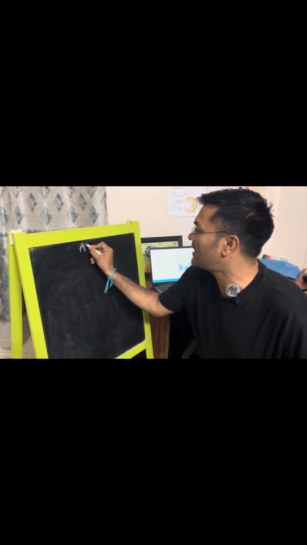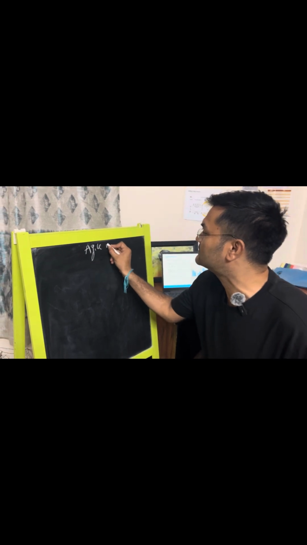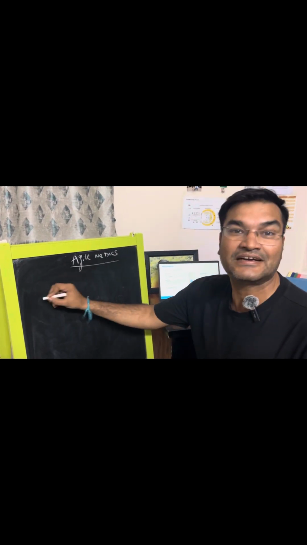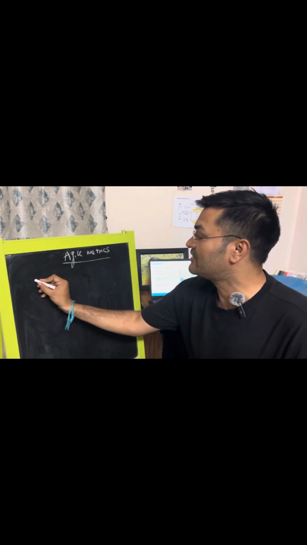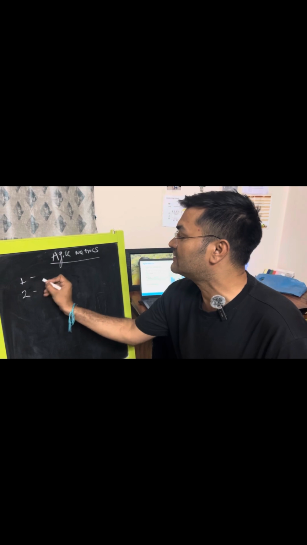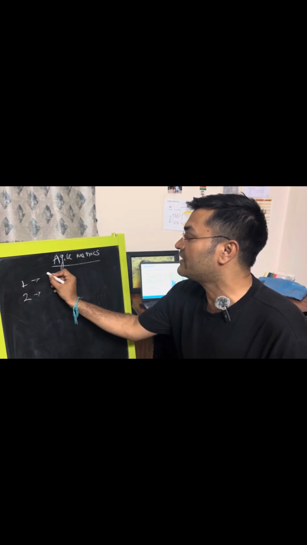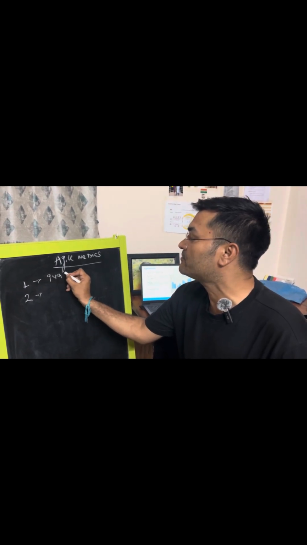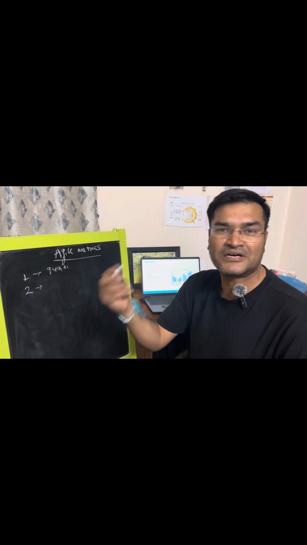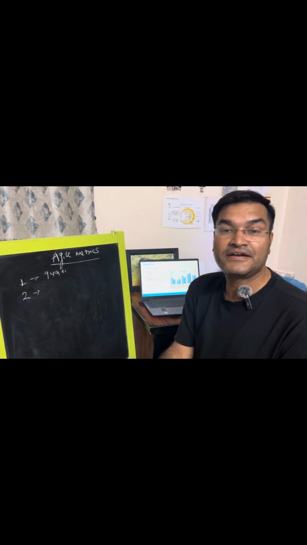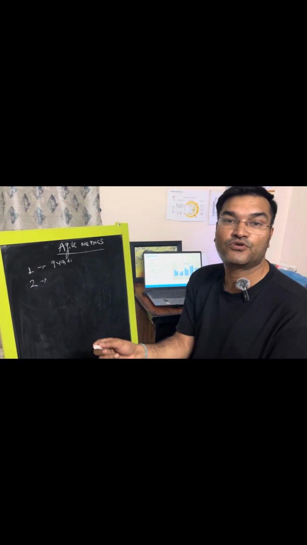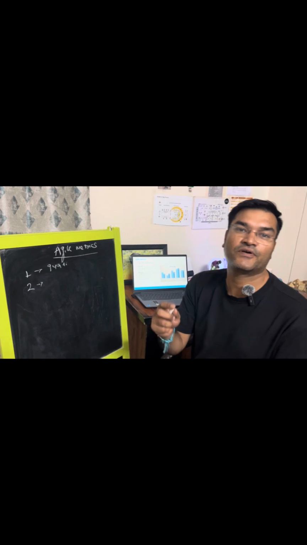So basically, if you have to break agile metrics into two parts, the first one is quantitative. So something which is tangible, something which you can measure, and anything which you can calculate.